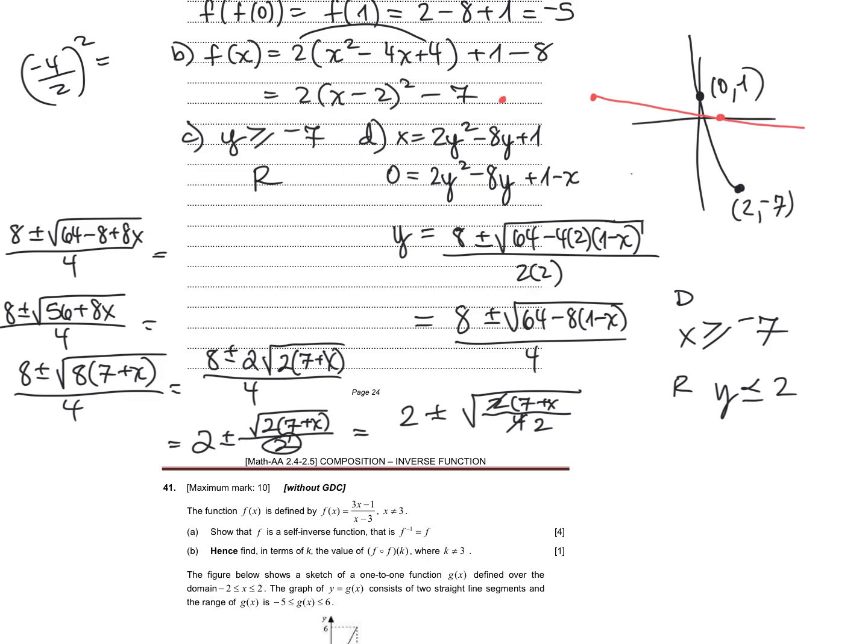And then I flipped those points. So this is (-7, 2), and this is (1, 0). And if we would have flipped this over, that would have been up here, and that would have been the positive, okay? So this one is 2 minus the square root of (7 plus x) over 2.